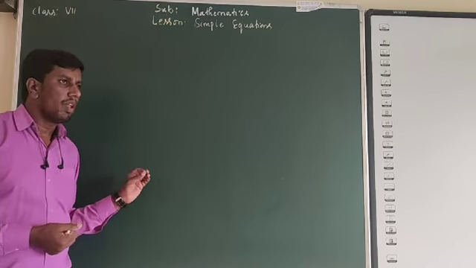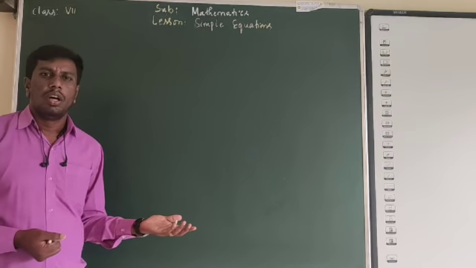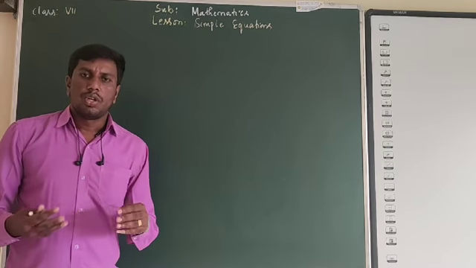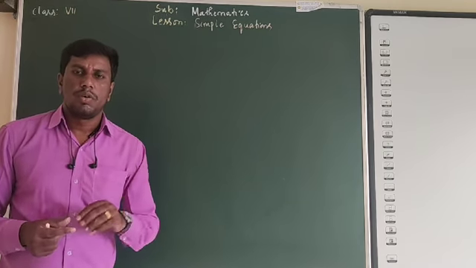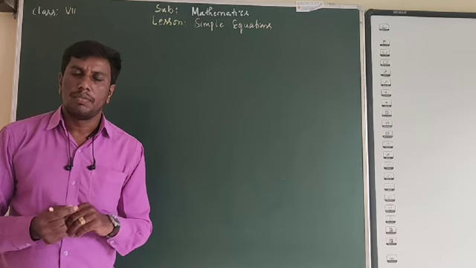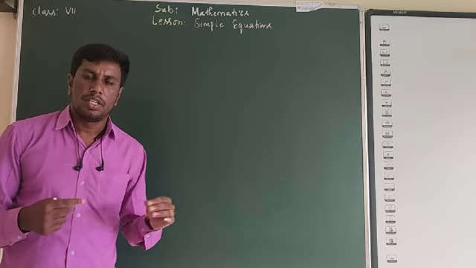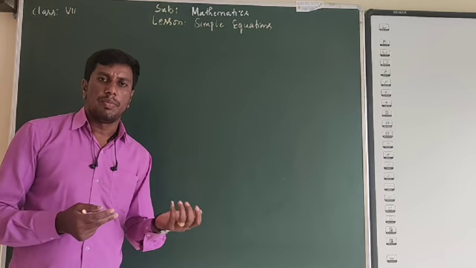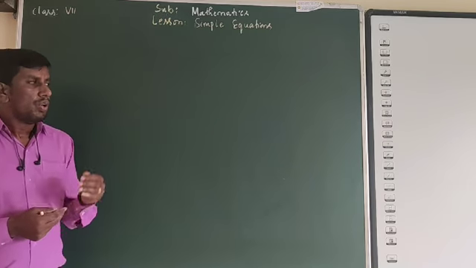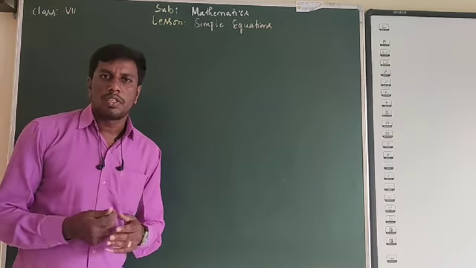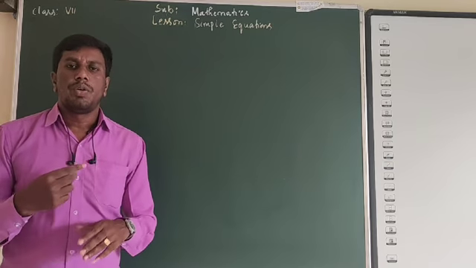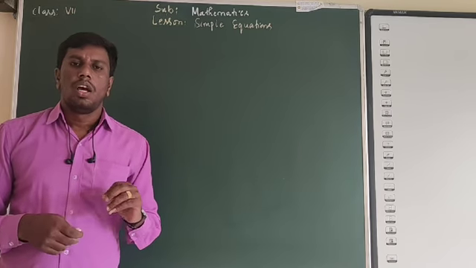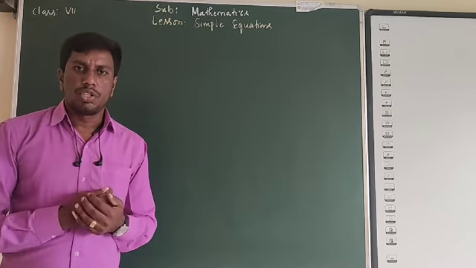Then we learned how to find the solutions for simple equations by the trial and error method, that is, giving some arbitrary values for the unknown variable x. In today's class we will discuss how to find the solutions for simple equations.